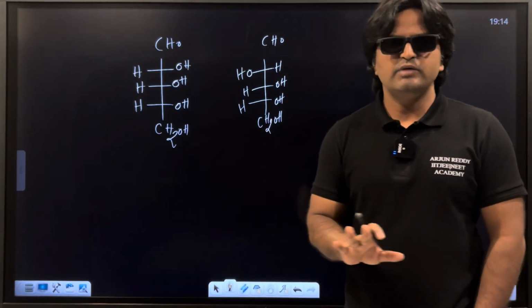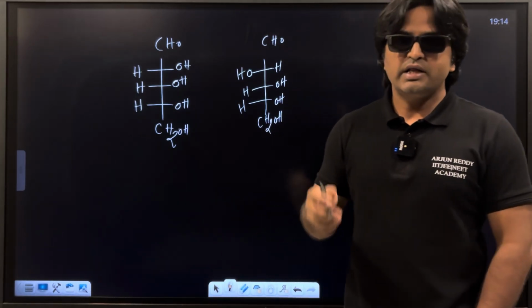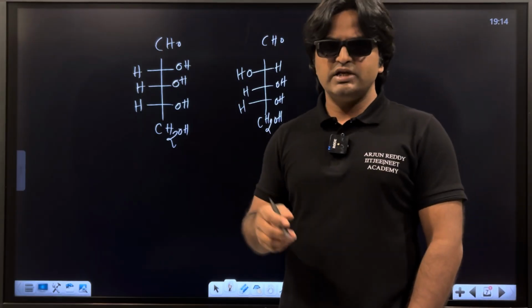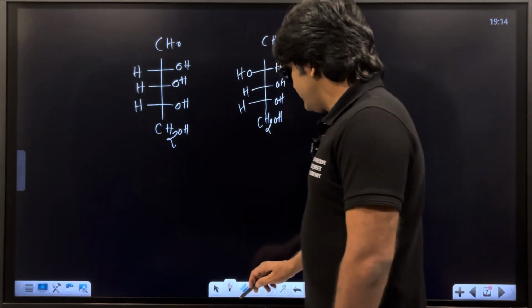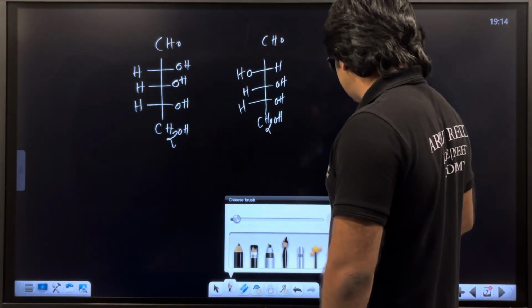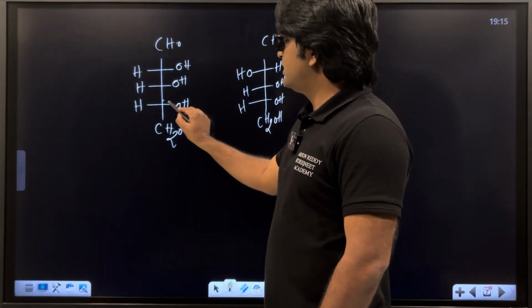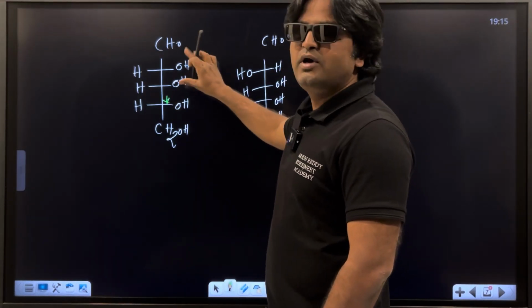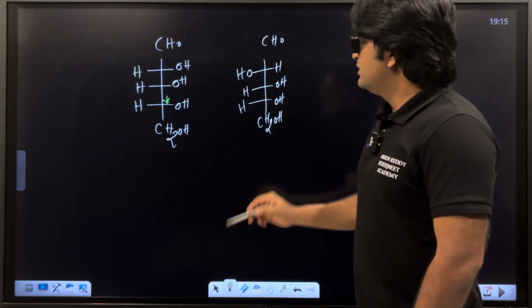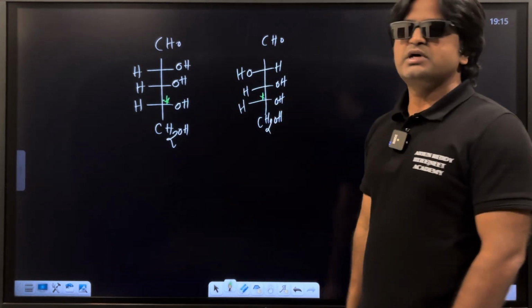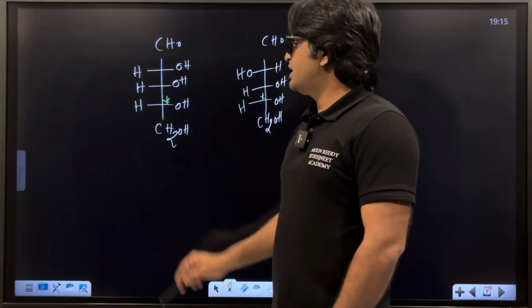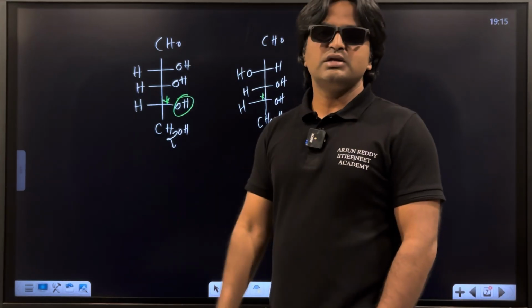We don't want the names of the molecules like arabinose, ribose, xylose, lyxose. Names not required. Now, how to give DL configuration for these molecules? Just look at the bottommost carbon atom. We don't want the remaining OH groups. Here also the same thing, just look at the bottommost carbon atom. At the bottommost carbon atom, what is the orientation of OH?